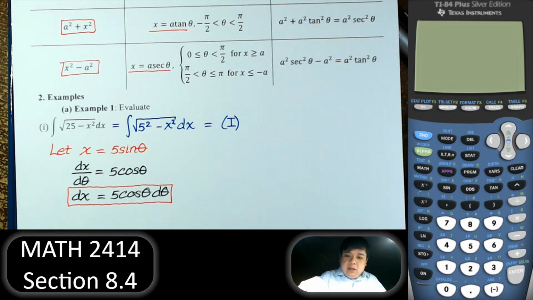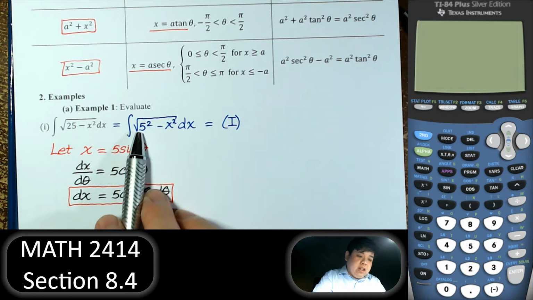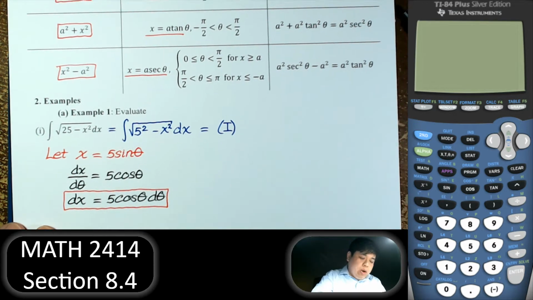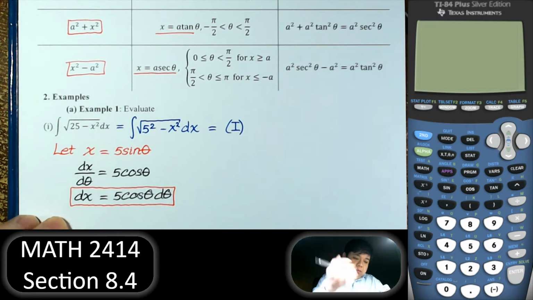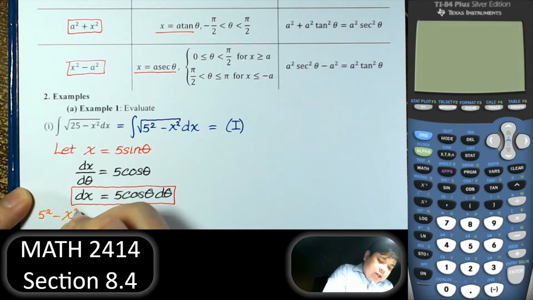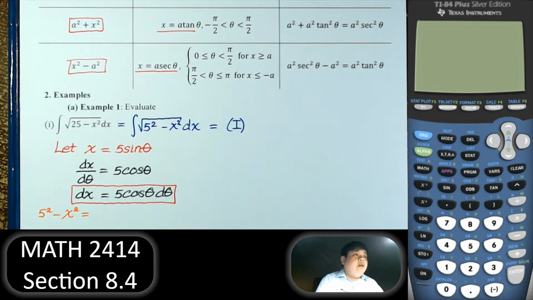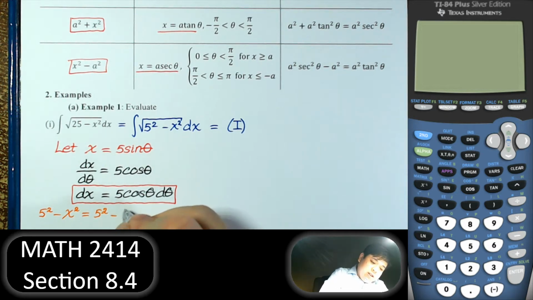Next, what we have is 5 squared minus x squared. I'm going to solve for that and see what we have. And of course, when we do that, it will end up being this one. Let's start with 5 squared minus x squared, where x is 5 sine theta.